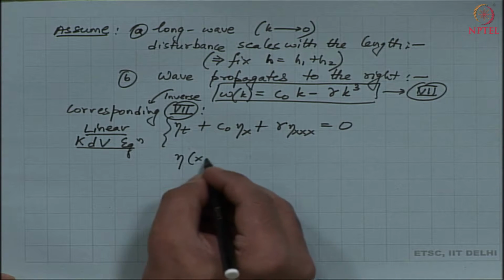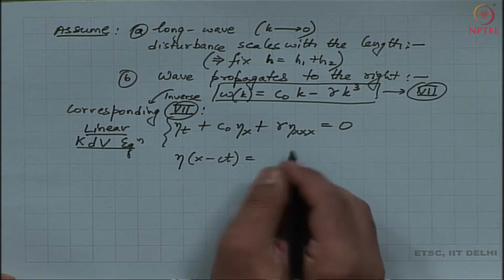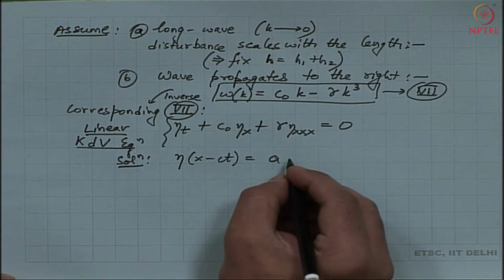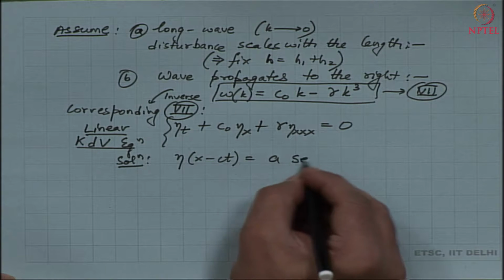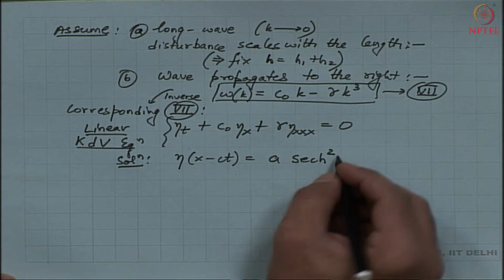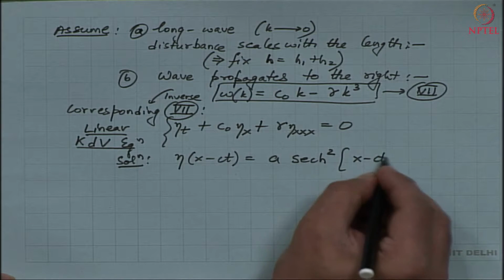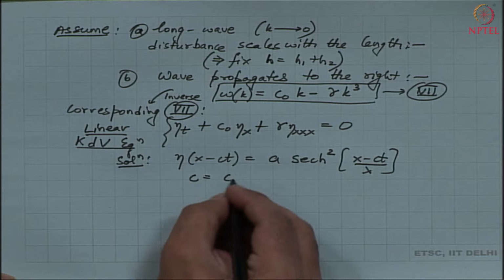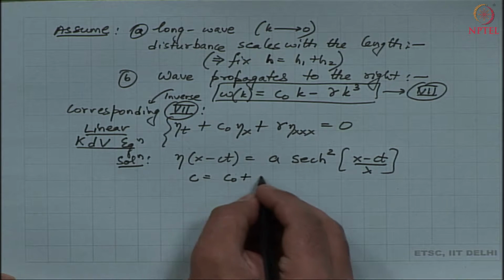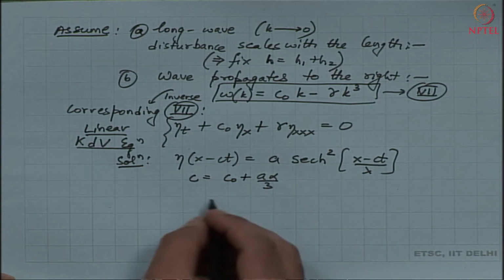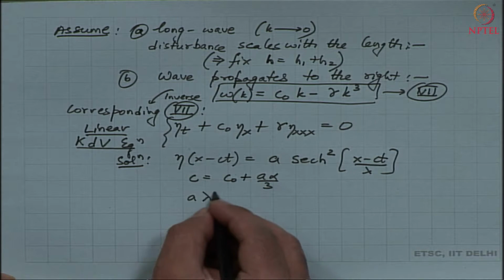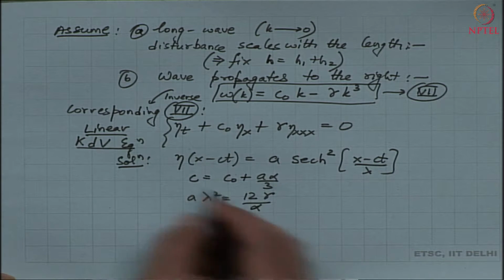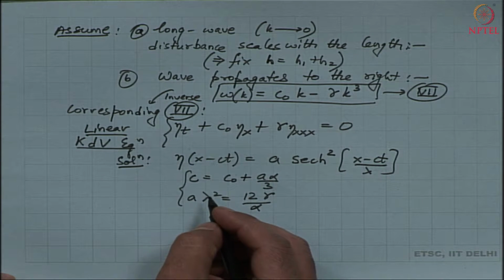The solution is given in terms of a wave-like solution as follows: eta of x minus C t is sech squared of (x minus C t) by lambda, where C is given by this expression, C_0 plus A alpha by 3, and A lambda squared is 12 gamma by alpha.